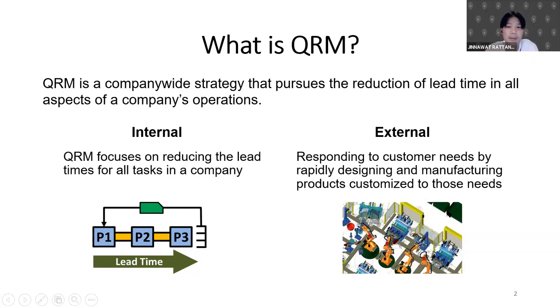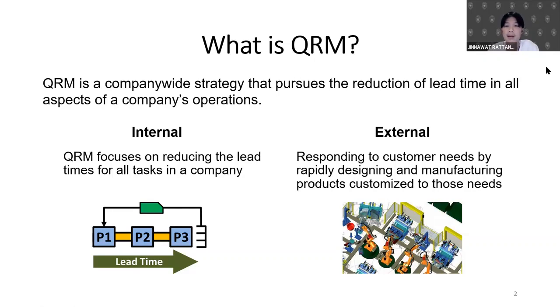There are internal and external lead times. Internal, in QRM, focuses on reducing the lead time in all types of tasks in the company, including the office and the process inside the flow time.